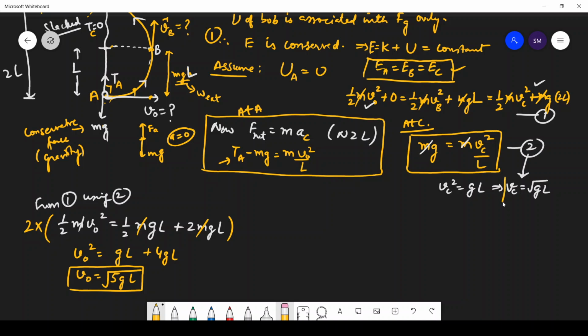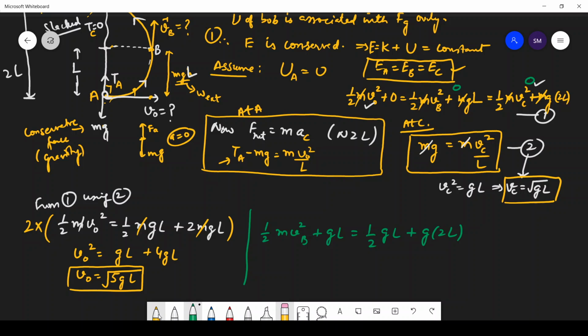So this is what VC was. So now students, you can use these two equations, this one and this one. Equate these two expressions. So what do you get? Half m VB square plus GL equals to half, what is VC square? GL plus G into 2L, right?